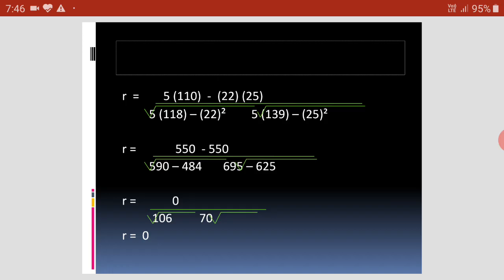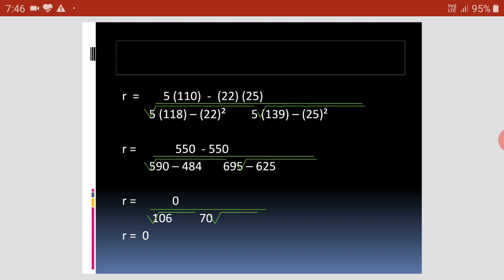Now just see the multiplication of all the values. First 5 into 110 is 550 minus 22 into 25 is 550, upon under root 5 into 118 is 590 minus 22 square is 484, second under root 5 into 139 is 695 minus 25 square is 625.